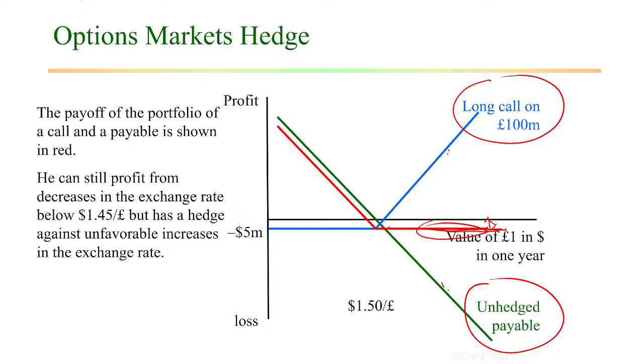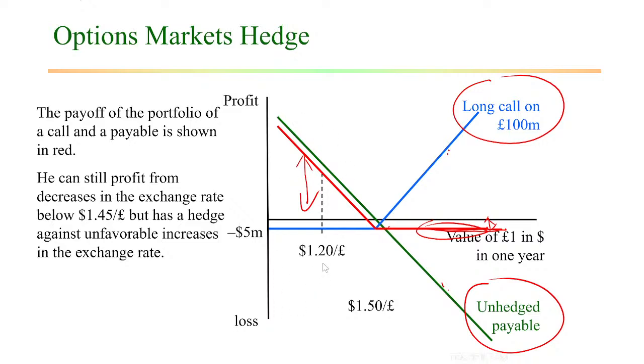And we could hedge with forwards and futures, but with those, we lost this profit potential. So if the exchange rate somehow goes downward, the foreign currency depreciates in value, then we still retain the profit potential.